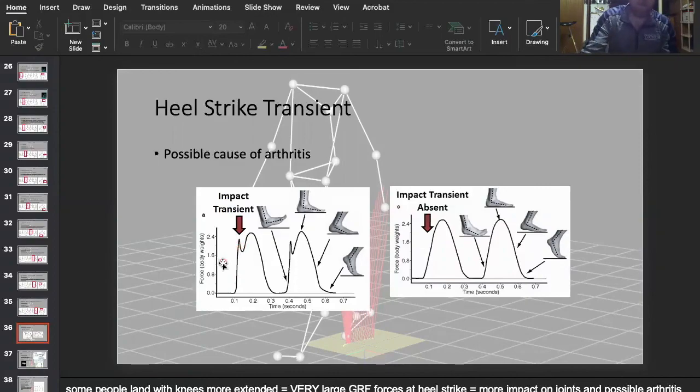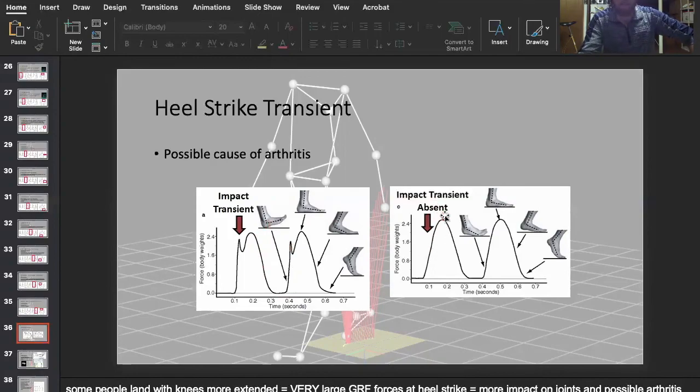And you get this huge impact transient, this huge return on ground reaction force, this big spike, right? And then they go into that initial rocker phase, and then they start pushing more into the ground as well. And then they get to heel strike again, bam. And you can see that it has to do with the position of the foot at the heel strike, right?